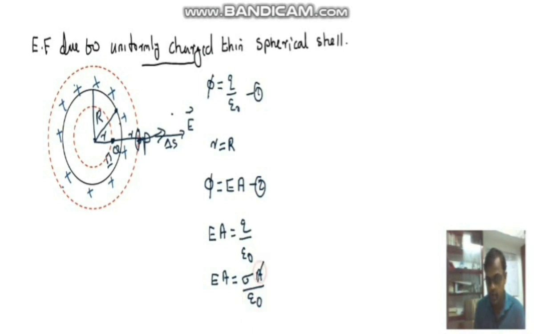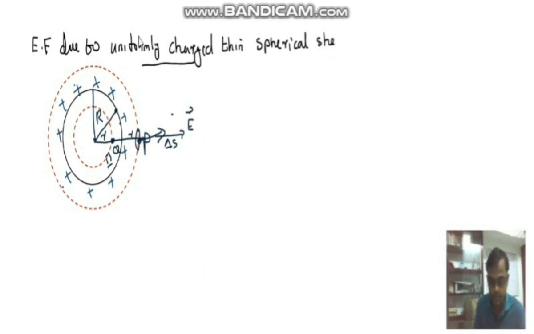This is also A, and here also we have taken the total area, so A will cancel. So what is the electric field exactly at the surface? E is equal to sigma divided by epsilon 0.